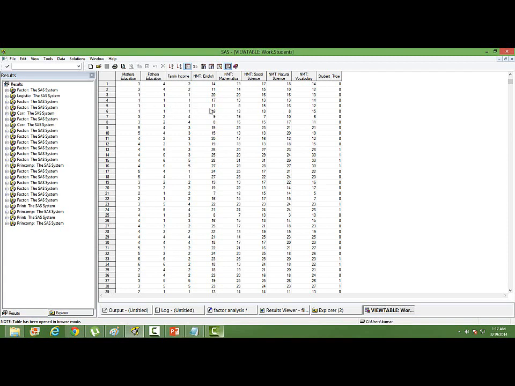I have got information on the performance of students, or school going kids, on a variety of things: mother's education, father's education, family income, then marks in English, marks in mathematics, social science, natural science, vocabulary.